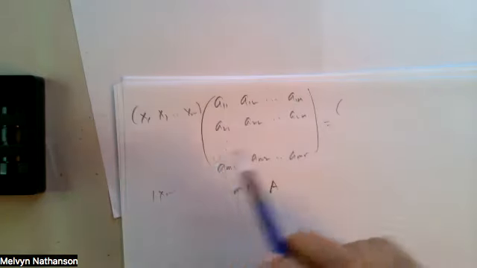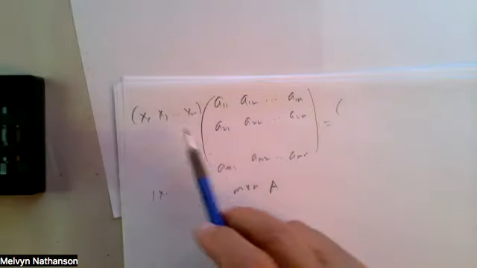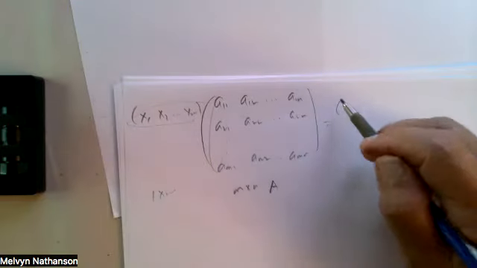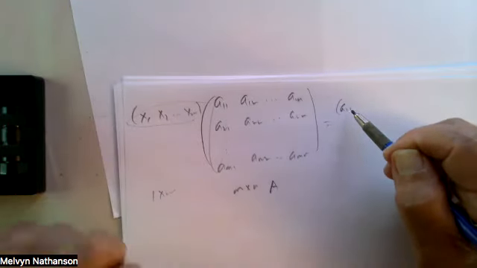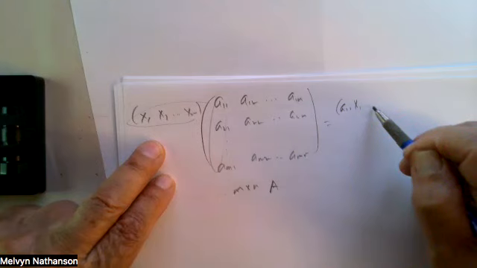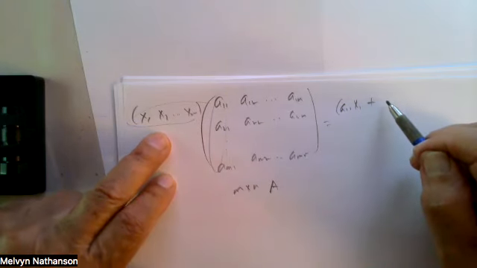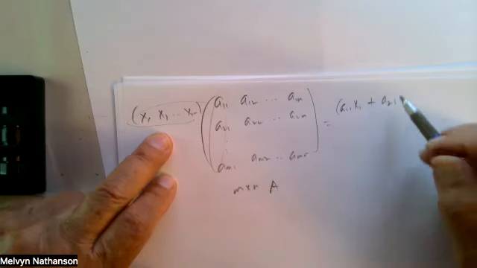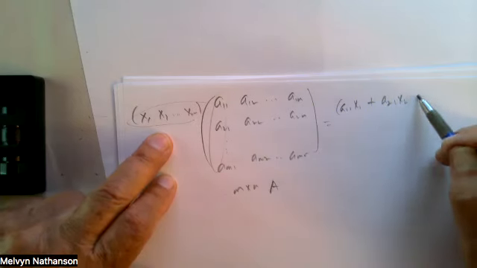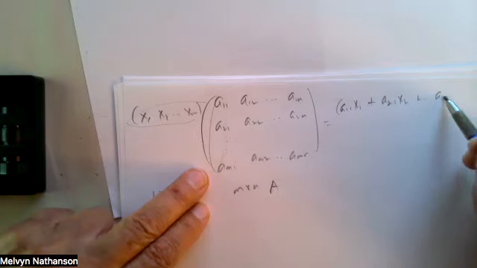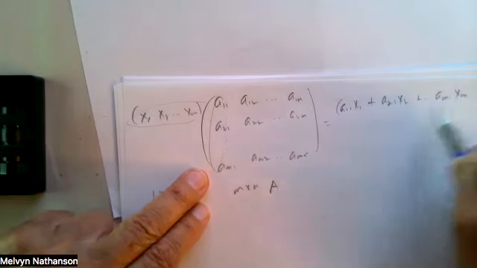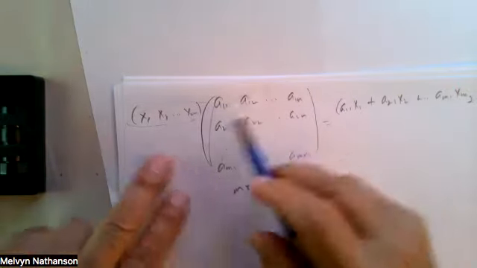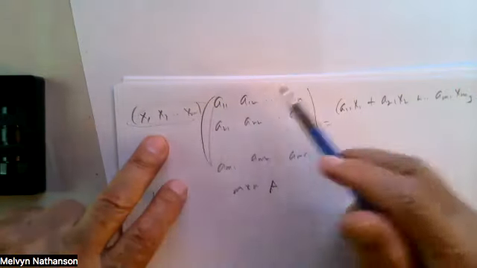So what is the first coordinate when I do the multiplication? It's this row times this column. I get A11x1 plus A21x2 down to AM1xm. That's the first coordinate. Second coordinate, I multiply this row times this column.